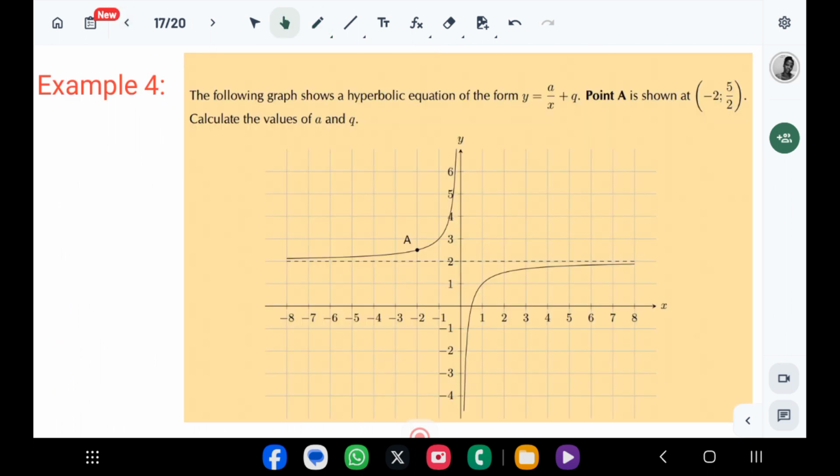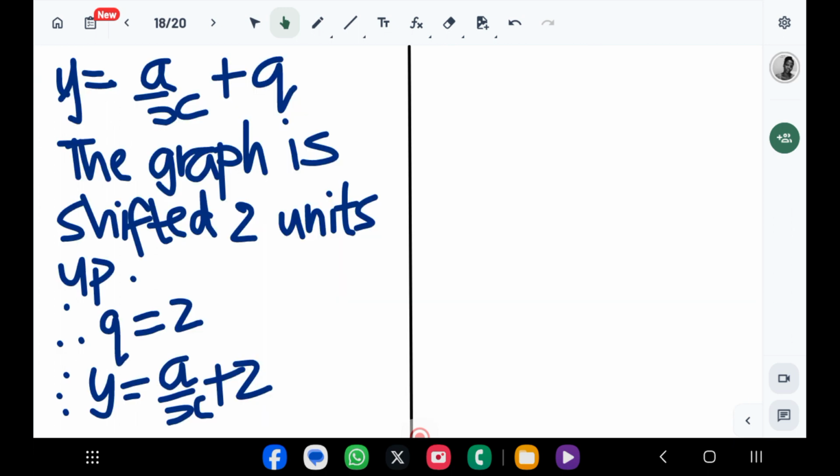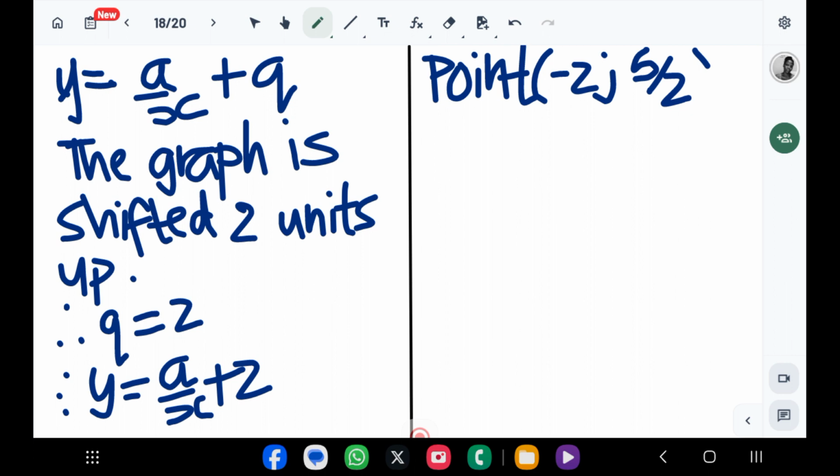Next, point negative 2, 5 over 2 lies on the graph. Therefore, we substitute.